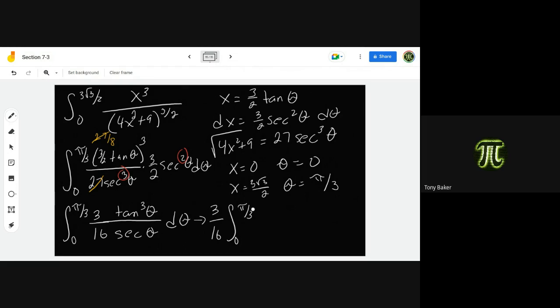Tangent to the third is going to be sine to the third over cosine to the third. And then secant is 1 over cosine, so there's going to be a cosine up top. So I'm going to be left with 2 cosines and 3 sines.